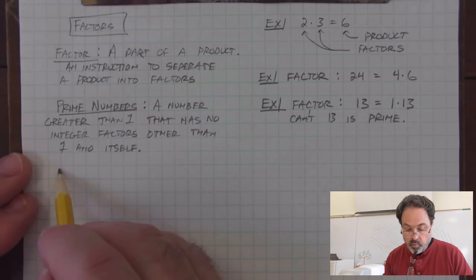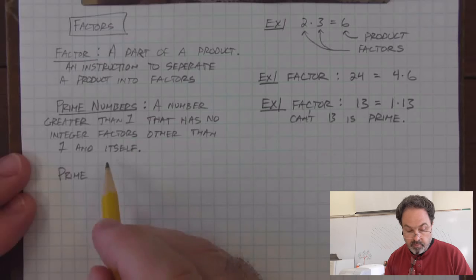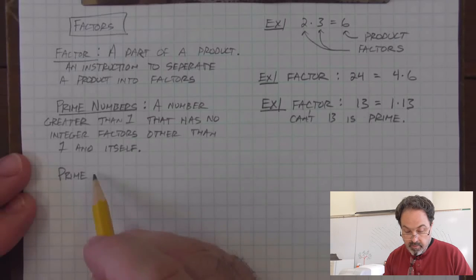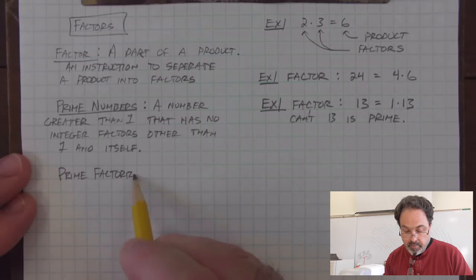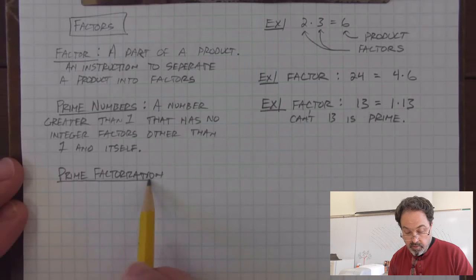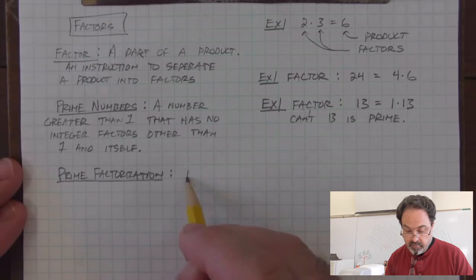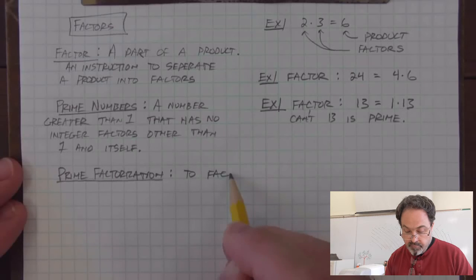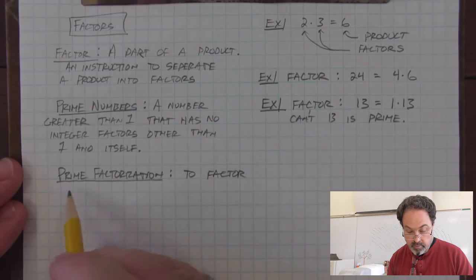Now, sometimes we want to find all of the factors of a number. We could look for the prime factorization of a number. And that simply means to factor a number completely.